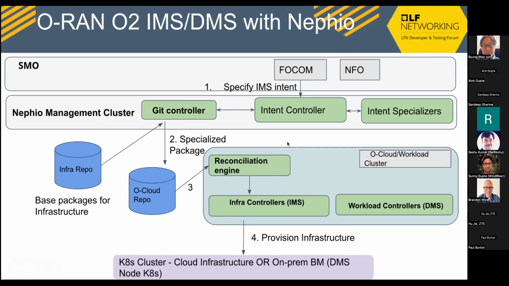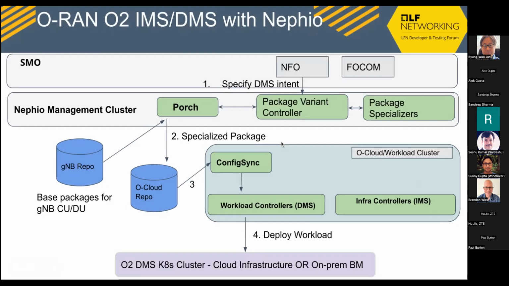One more clarification on this diagram. The Nephio management cluster layer, which we were showing in the previous chart, if I follow you correctly, becomes part of the O-Cloud and realizes the O2 IMS interface, all the controllers that you were drawing, up to the IMS controller itself, right? Yes.